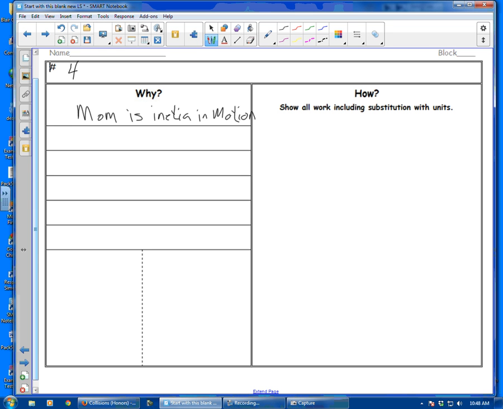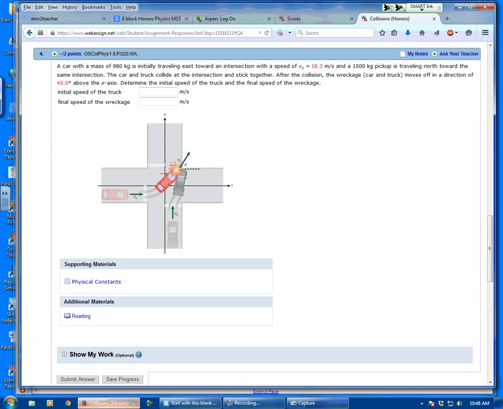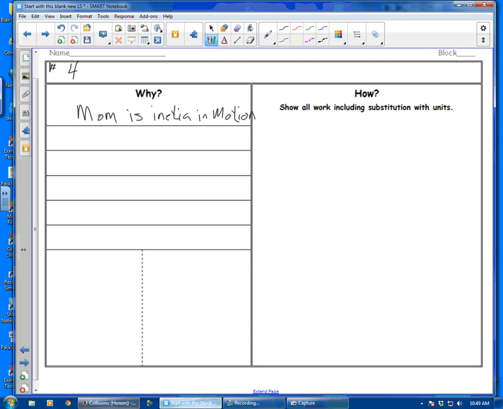Do I have a system here? Yes. And I think they tell me to ignore friction, right? I think they're wanting me to, so we can isolate our system and say the system is just the truck and the car.